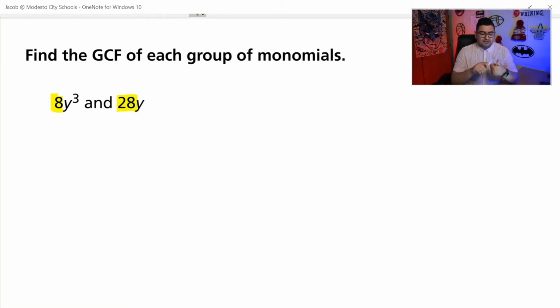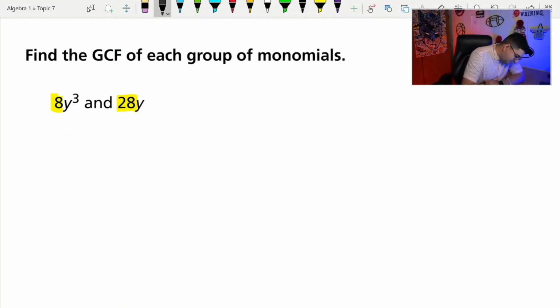So 1 can go into 8 and 28, 2 can go into 8 and 28, 3 can't, 4 can go into 8 and 28, and really then it just leaves 8. But 8 cannot go into 28. So the largest number that I could think of was 4. So I'm going to go ahead and put 4 down. I know that that is the first part of my greatest common factor.